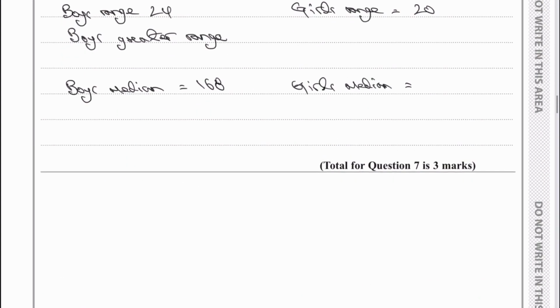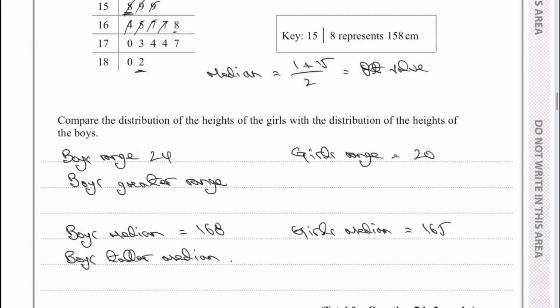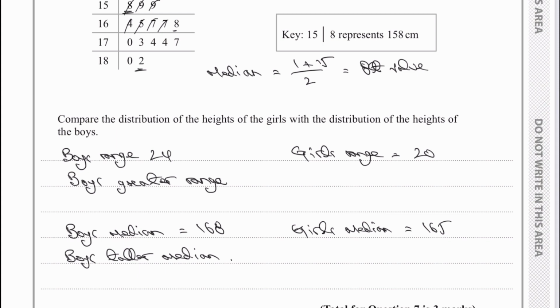So the girls' median is 165. So I would say that on average the boys are taller median. Okay, and that would be perfectly fine for those types of observations. You might want to just add a little bit more detail, but essentially that's what they're looking for with this particular question. Okay, hopefully that's all right for you.